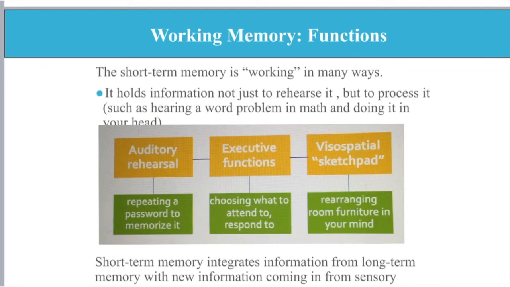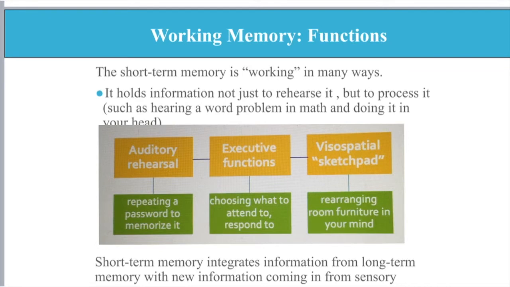So this is the next step between sensory, right, those ones that last for a very, very brief amount of time, and our brain says, okay, we're going to encode this, it's going to go into our short-term memory until we choose, or our automatic processing has us encode it further so that it'll stay in long-term memory. So working memory functions to repeat, like do things like auditory rehearsal, executive functions, visuospatial sketchpads, right?